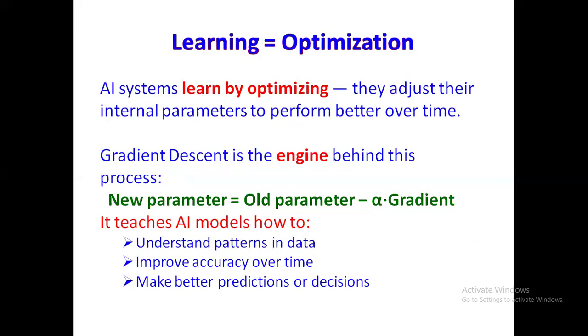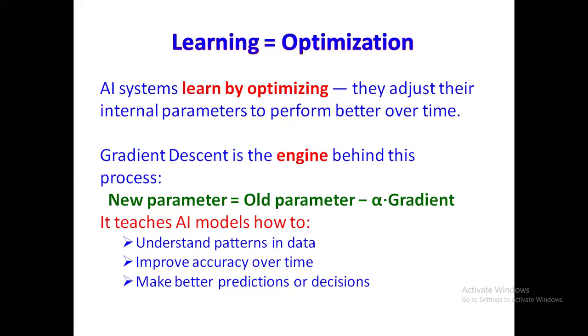Next, learning equals optimization. At the core of AI, in the concept of learning and in mathematical terms, learning is essentially an optimization problem. AI systems need to find the best configuration of internal parameters that minimizes the difference between the model's predictions and the true outcomes. Gradient descent is the engine that drives the optimization.